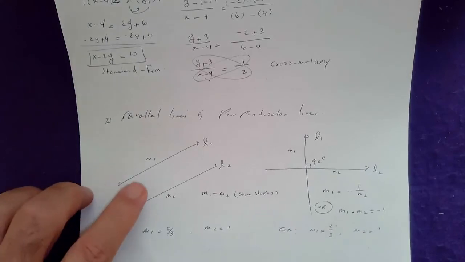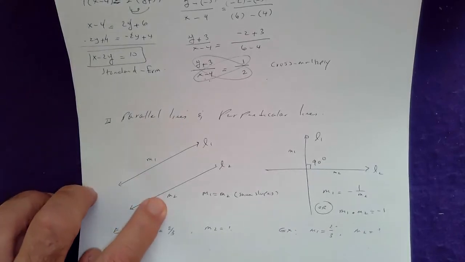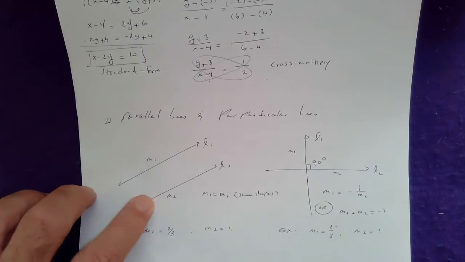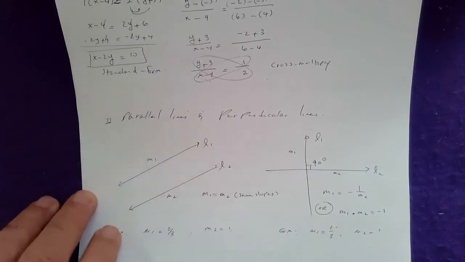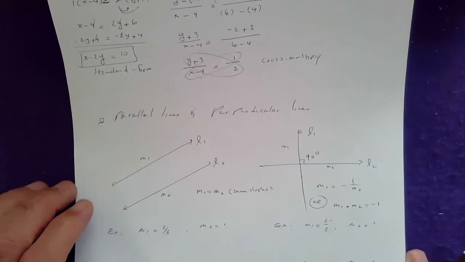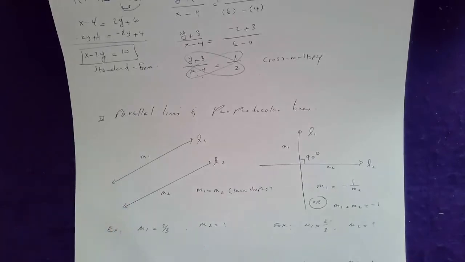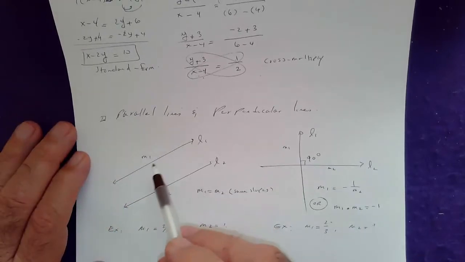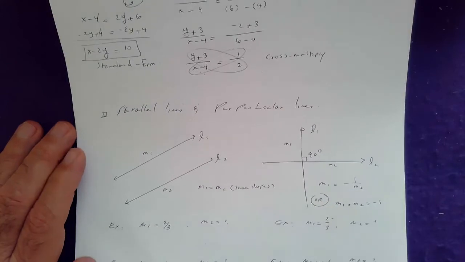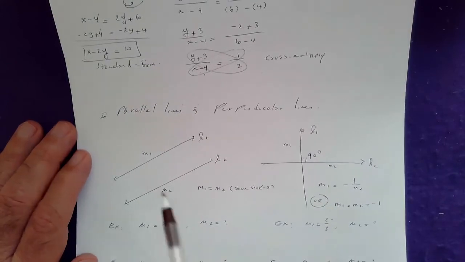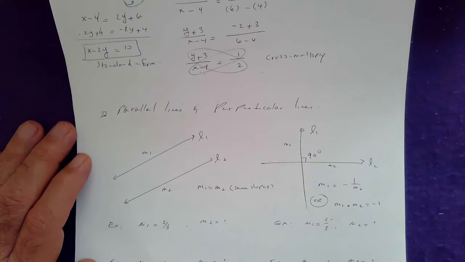In other words, the slope of this line is exactly the same as the slope of this line. Why? Because they go in the same direction, even though they are not the same line. Pretend these are two cars going on Freeway 405 north, so they go in the same direction.